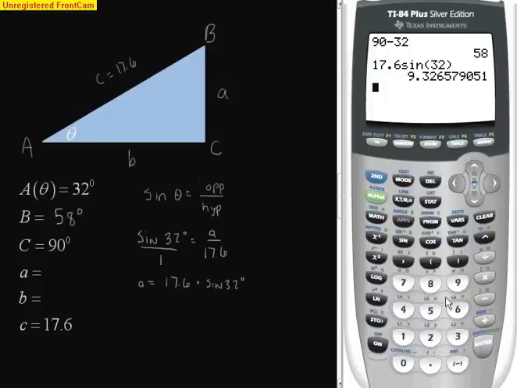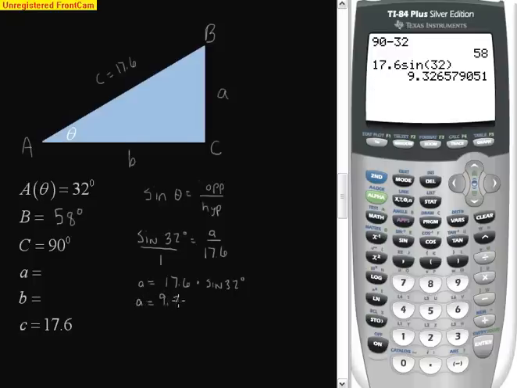And remembering that I have to go to 3 decimal places, I know that a is equal to 9.326. I could round it if I needed to, 327, but I can truncate it as well. So I can fill in 9.326 right here.